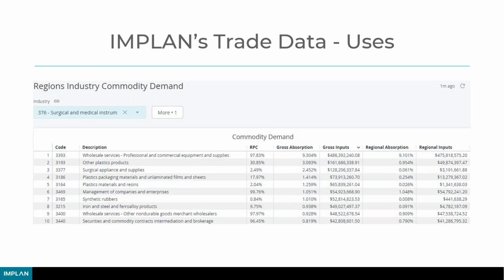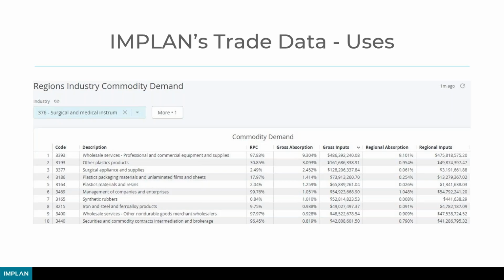One way to think about these RPCs is they're dependent not just on those trade flows, but upon the size of the region you're looking at. So for a very small region, if we draw a circle conceptually around a zip code, almost all of the inputs to any sort of production in a given zip code are likely going to come from outside of that zip code.